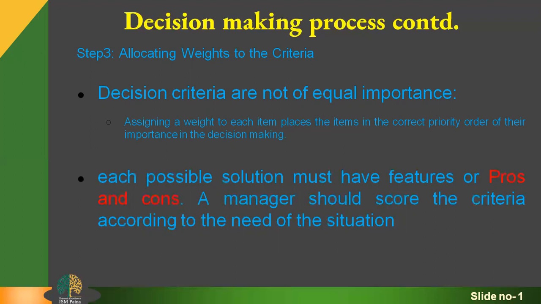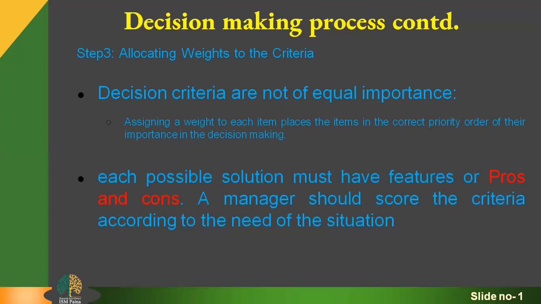So decision criteria are not of equal importance. That's why assigning a weight to each item places the item in the correct priority order of their importance in decision making. Suppose there are some alternatives given for decision making criteria. That decision can be made with alternative A1, A2, A3, A4, A5.